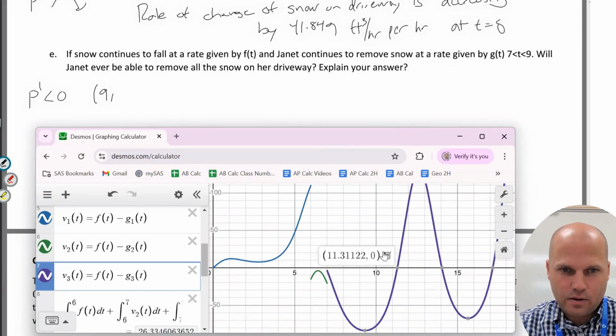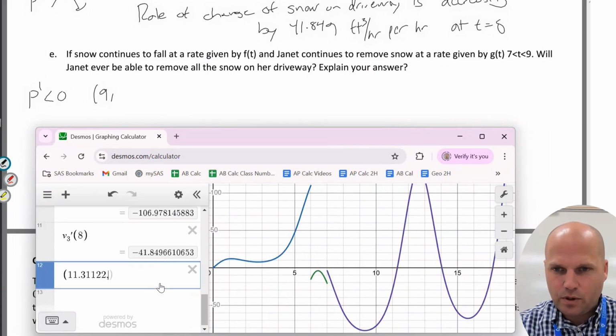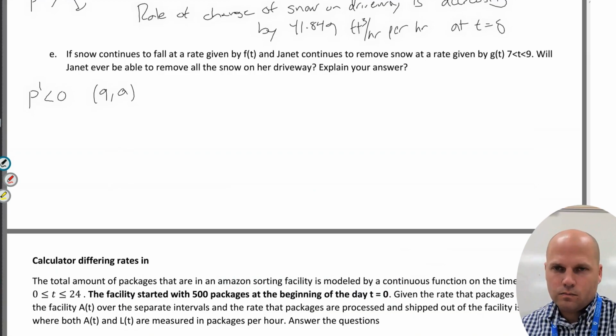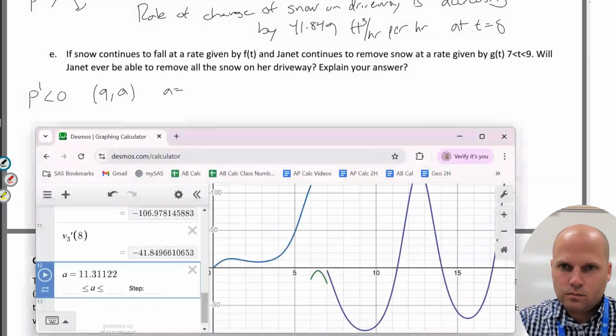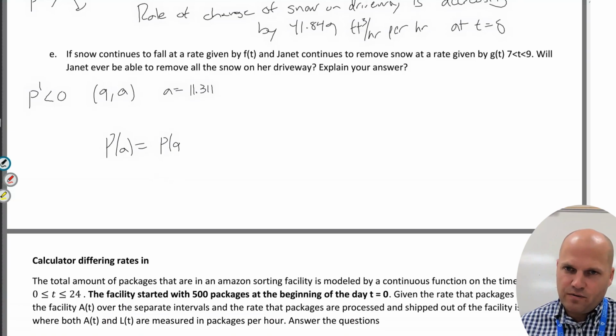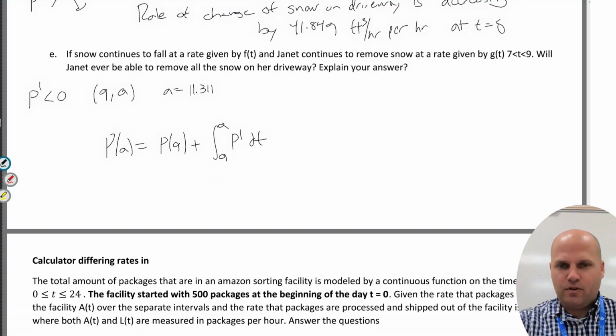Did I save it? 11.311. Of A equals, I'm just going to go P of 9 plus the accumulation from 9 to A of P prime of v.